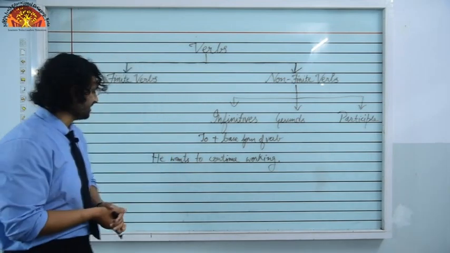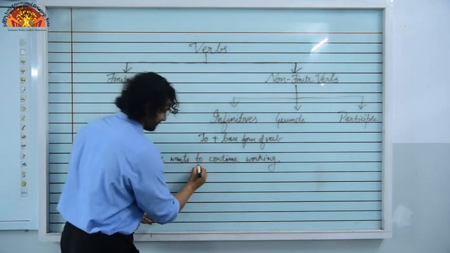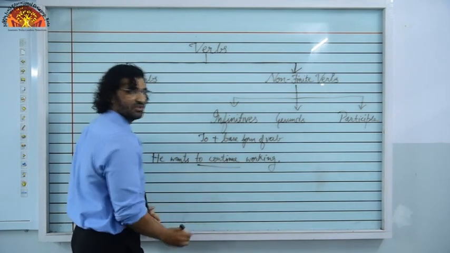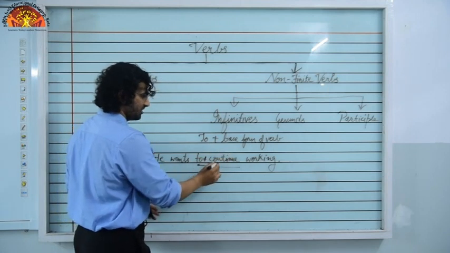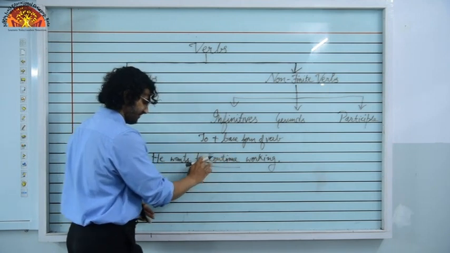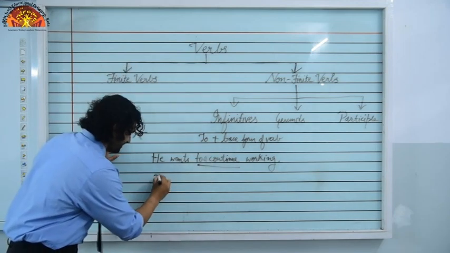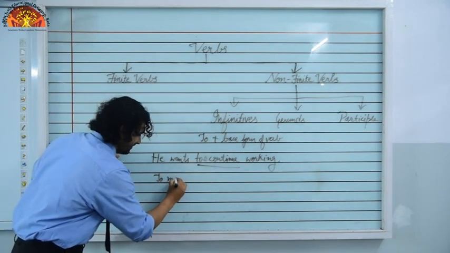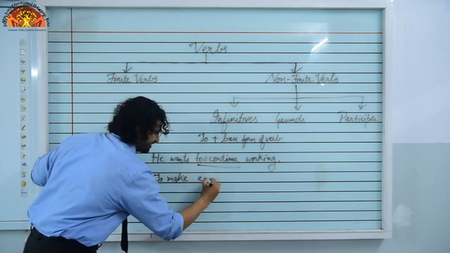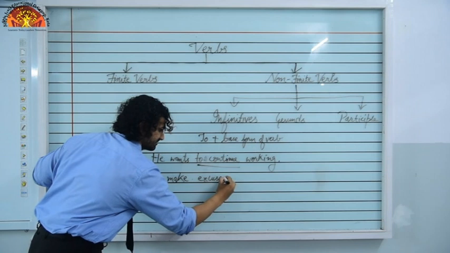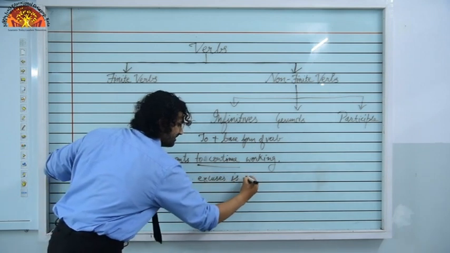Yes, please give it a try. To continue. This is an infinitive. To plus base form of verb. To continue. This is an infinitive. See another example. To make excuses is easy.